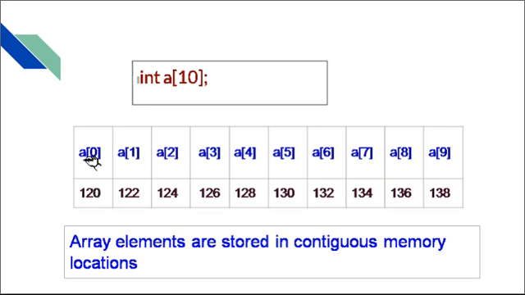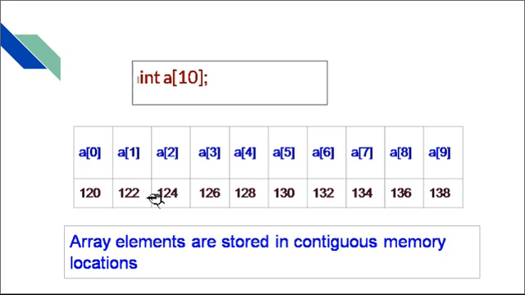So the address of the first location starts at 120. Now leave a gap of 2 bytes. Why? Because the size of the data type is 2 bytes. After that, the address of the next location starts at 122.